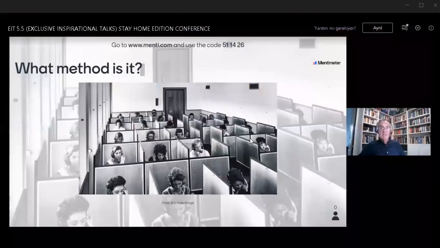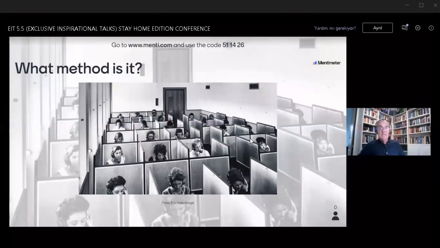Oktay, can you? Yes, there's the code. Menti.com, use the code 511426. Yeah, and you'll see that there is a picture of a method. In fact, you can see it there in the screen.